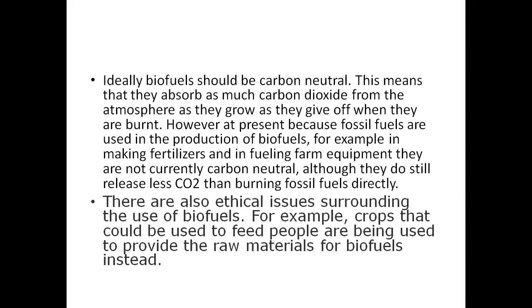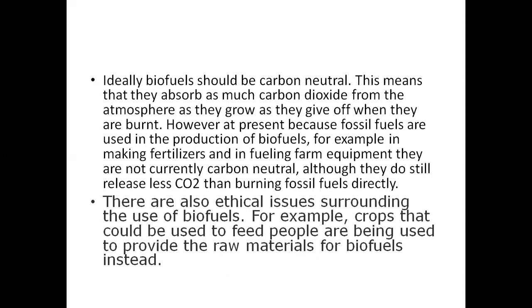However, at present, because fossil fuels are used in the production of biofuels, for example in making fertilizers and in fueling farm equipment, they are not currently carbon neutral, although they do still release less carbon dioxide than burning fossil fuels directly.